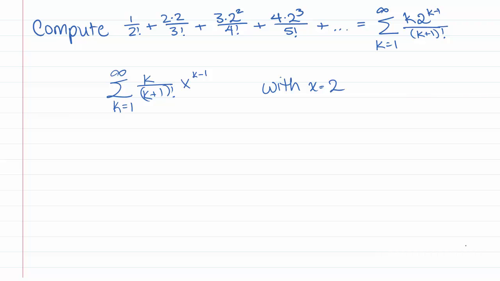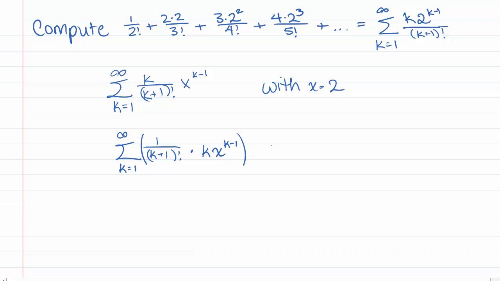So what do we know about this? Well, notice that it has the form something, in this case 1 over k plus 1 factorial times k x to the k minus 1. This k x to the k minus 1 should look like something to you. It should look like the derivative of x to the k.